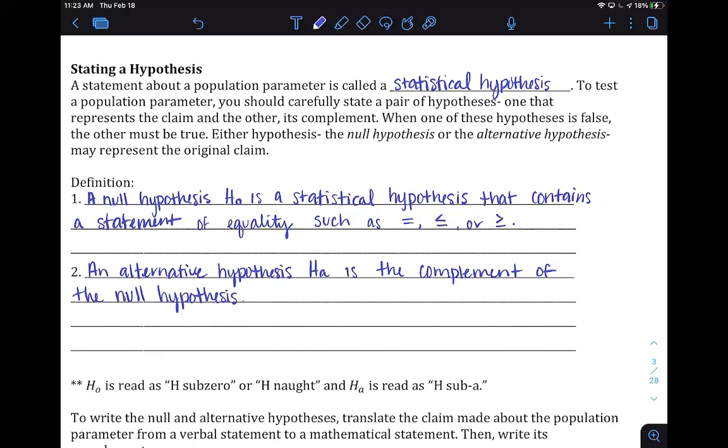So with that, it is a statement that must be true if H sub 0, or the null hypothesis, is false.